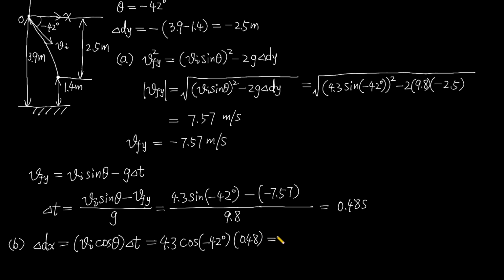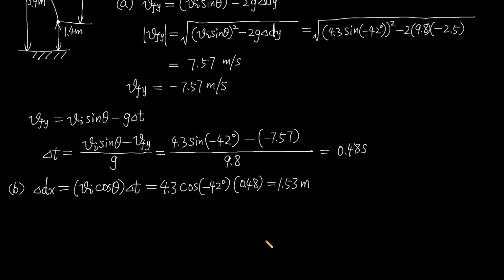So this equals 1.53 meters. So its horizontal displacement is 1.53 meters. It is also your horizontal distance from the window.